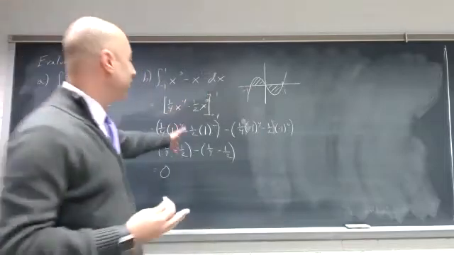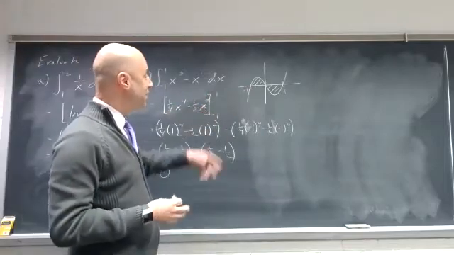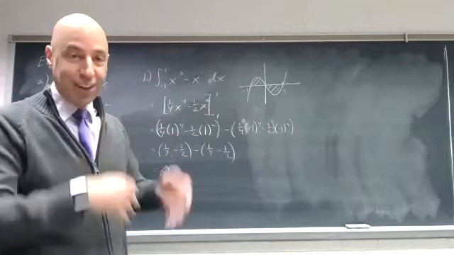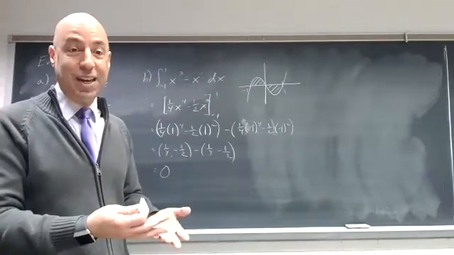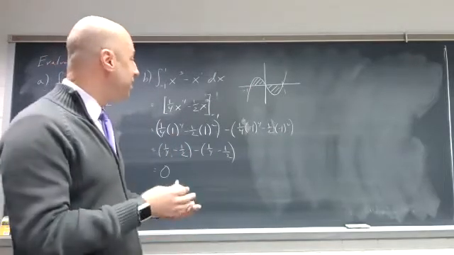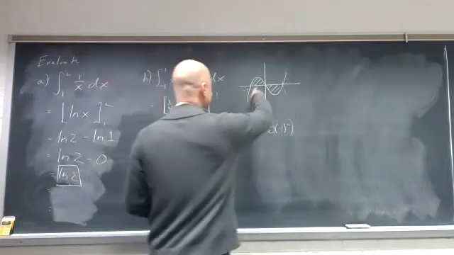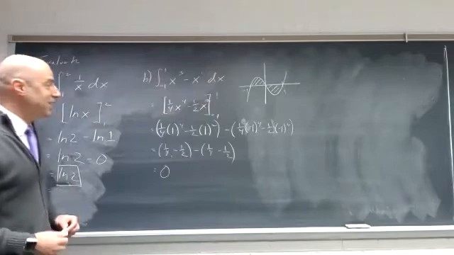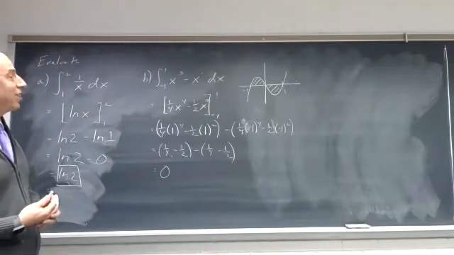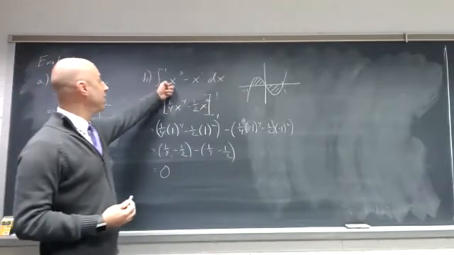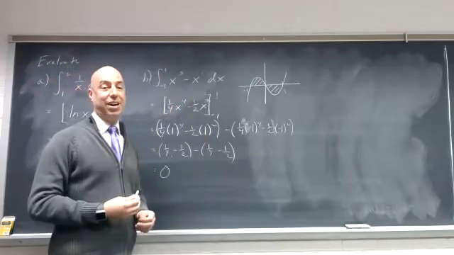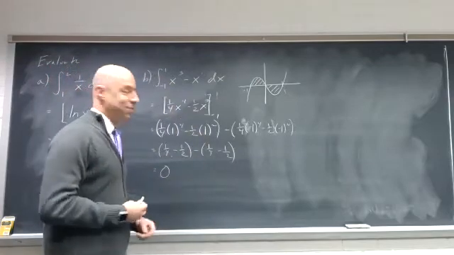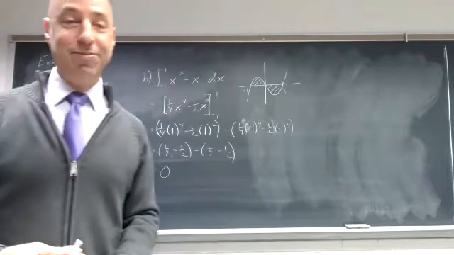But that's sort of what we did over here. This function has symmetry around the origin using the language of your pre-calculus. It has odd symmetry. And so the stuff above the x-axis over here exactly cancels out the stuff below the x-axis over there. We know that stuff below the x-axis, as far as definite integrals go, counts as negative area. And so it's not surprising that we should get 0.